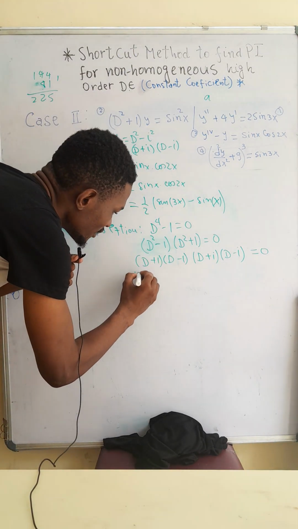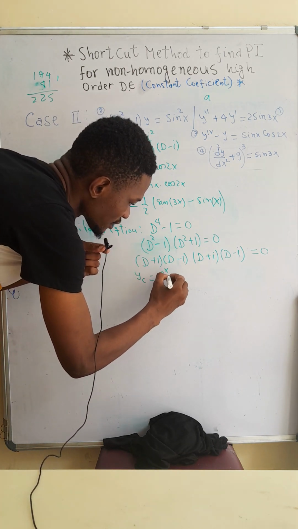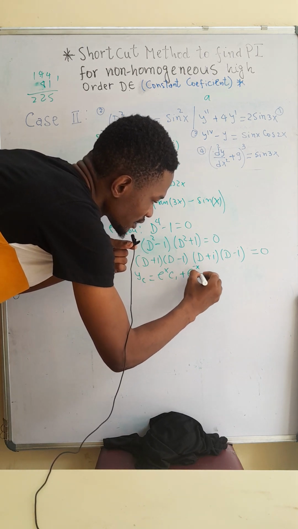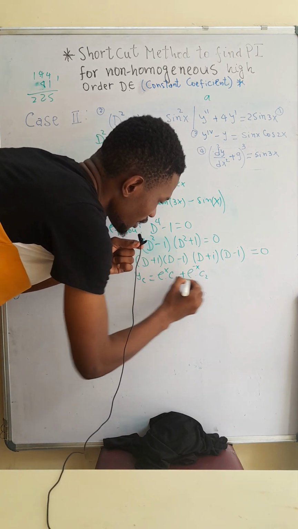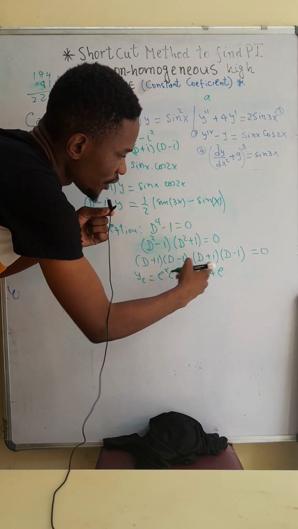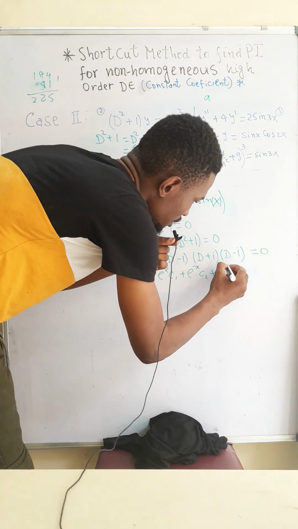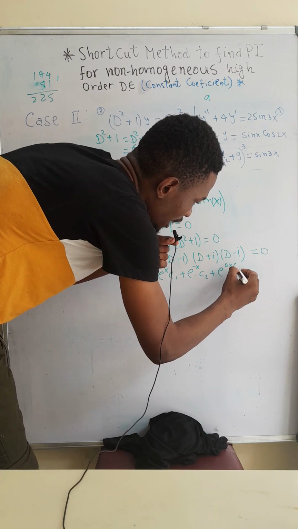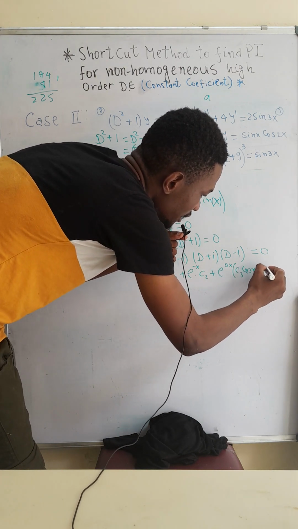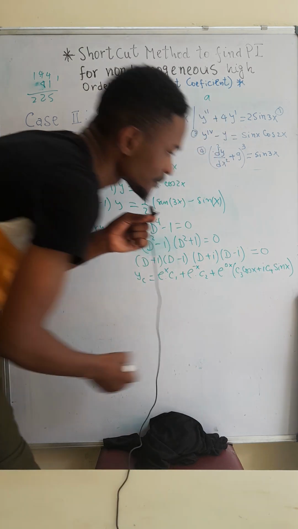So yc will be equal to, for this one, e raised to x times c1 plus e raised to minus x times c2, okay? Then plus e raised to, here we know there is no real number for these imaginary roots, so 0x, times c3 cosine of x plus i c4 sine of x.